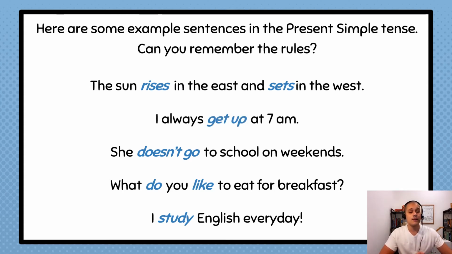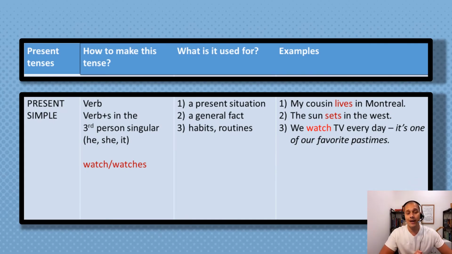So let's take a look at the structure for present simple. So how to make this sentence? We just need to have the verb there, right? So subject, verb, plus the complement. For example, I love pizza. Subject, I. Love, the verb. And pizza, the complement. But for the third person, we're going to have a change in the verb, right?